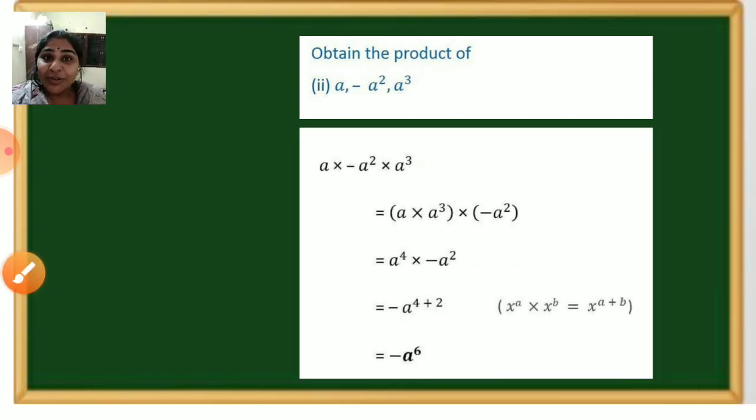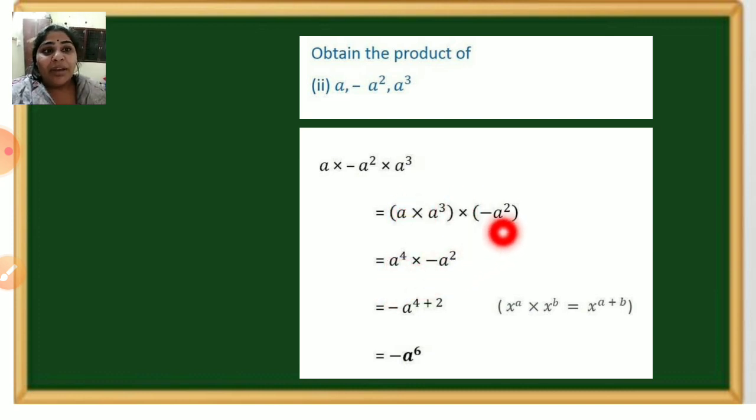Let us see the solution. It is a into a cube, adding the powers 3 plus 1 we get a raised to 4, multiplied by negative a square as it is. A into negative a will be negative a raised to, adding the powers, 4 plus 2 will be 6. So that is nothing but negative a raised to 6, the answer.